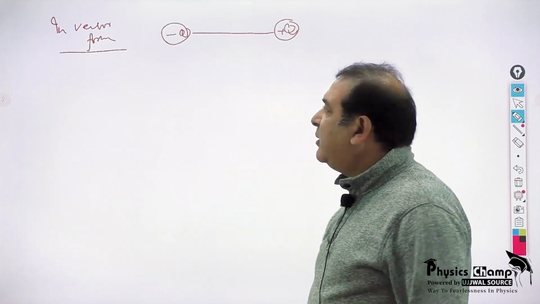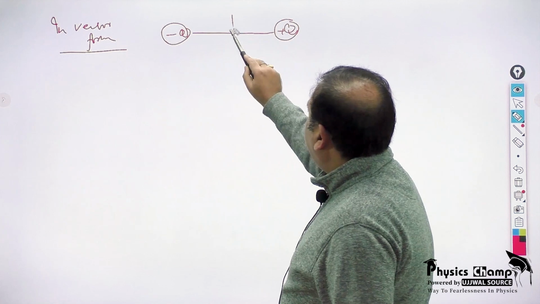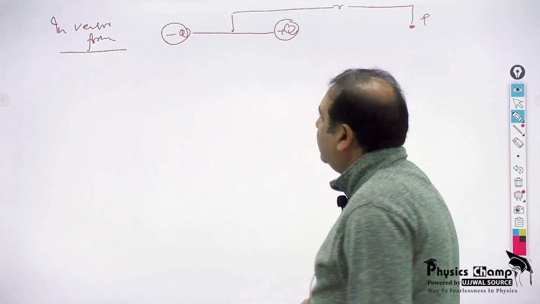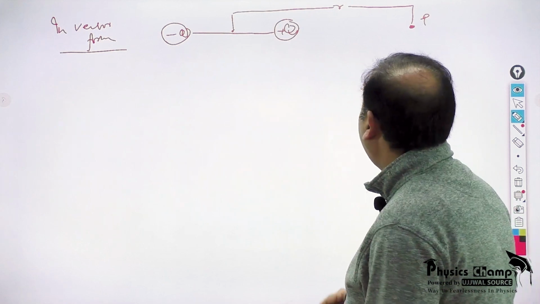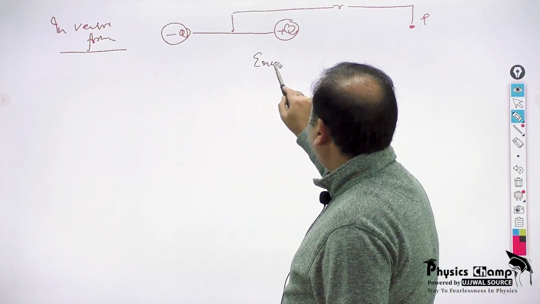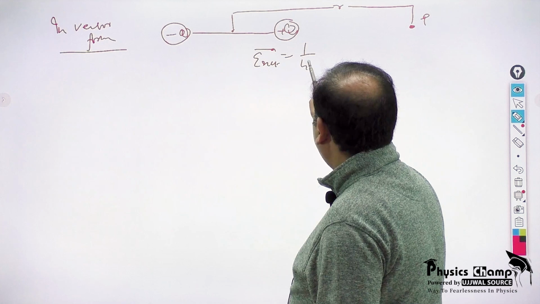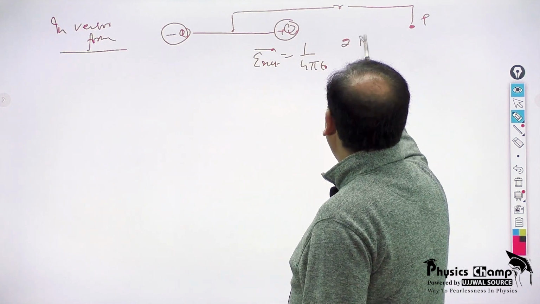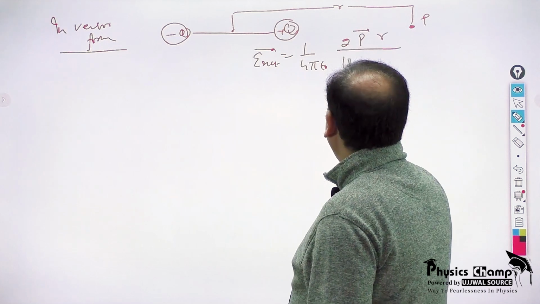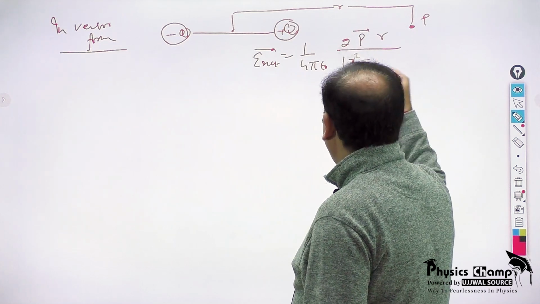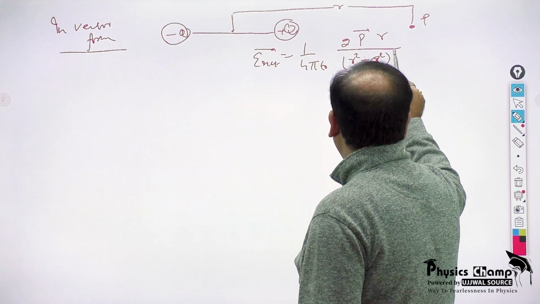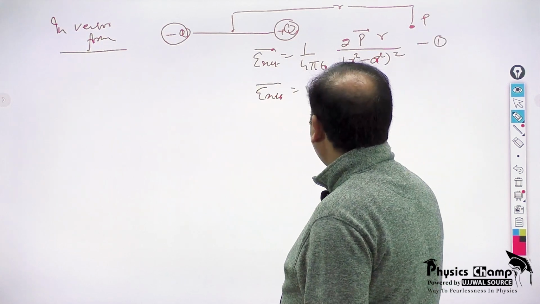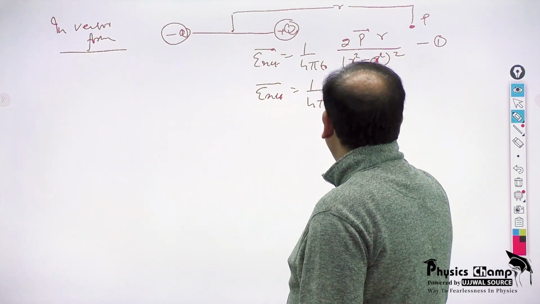At the axial position, when we were looking for the electric field at point P, the net electric field at point P is 1 by 4 pi epsilon naught, and for a short dipole it is 2P by r cube.